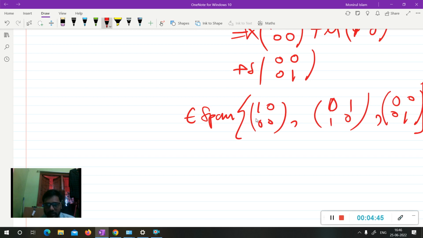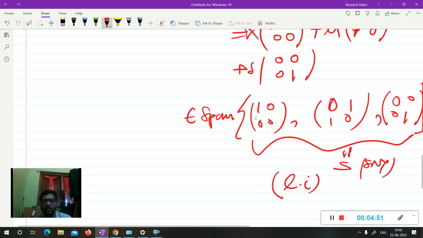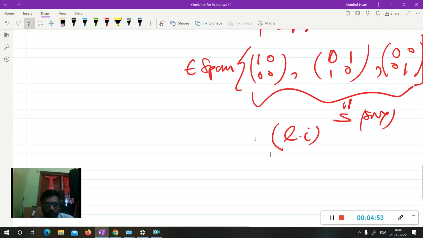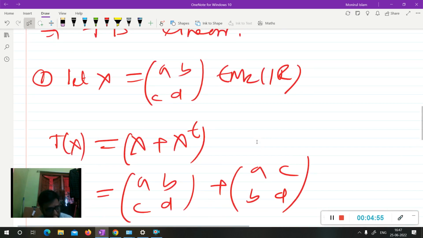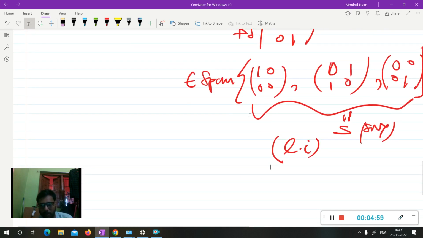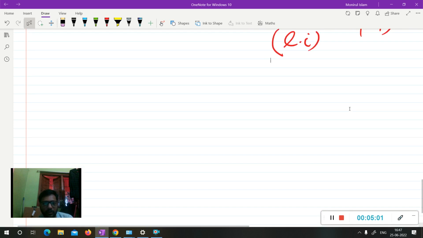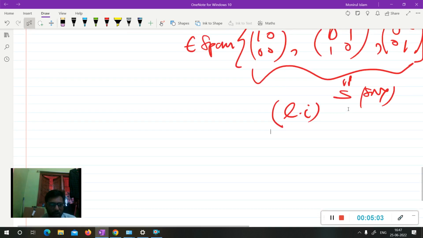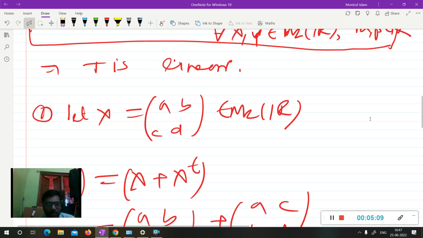Now you can easily check that this set, if you name it S, is linearly independent. So I have taken an arbitrary matrix from the range space of T, and this matrix is actually in the span of these matrices.